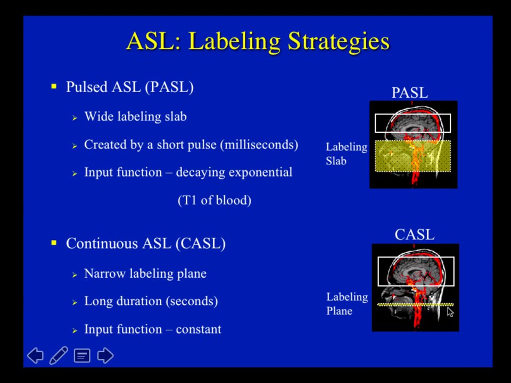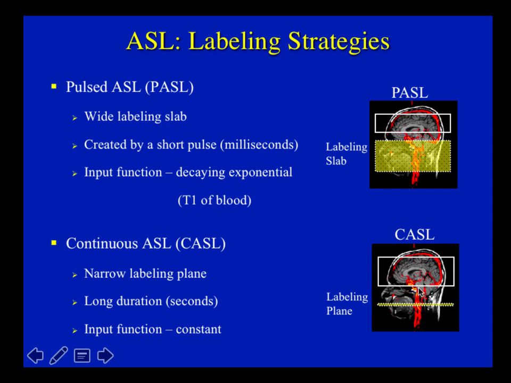And if you have the radio frequency RF pulse strength as well as the gradient properly adjusted, all the blood that is crossing this narrow labeling plane will be inverted. So in the continuous ASL case, we define a narrow labeling plane as opposed to a wide labeling plane in pulsed ASL, and we keep that labeling plane on for a longer duration, about a second and a half or 2 seconds, so that we have enough blood crossing this plane.